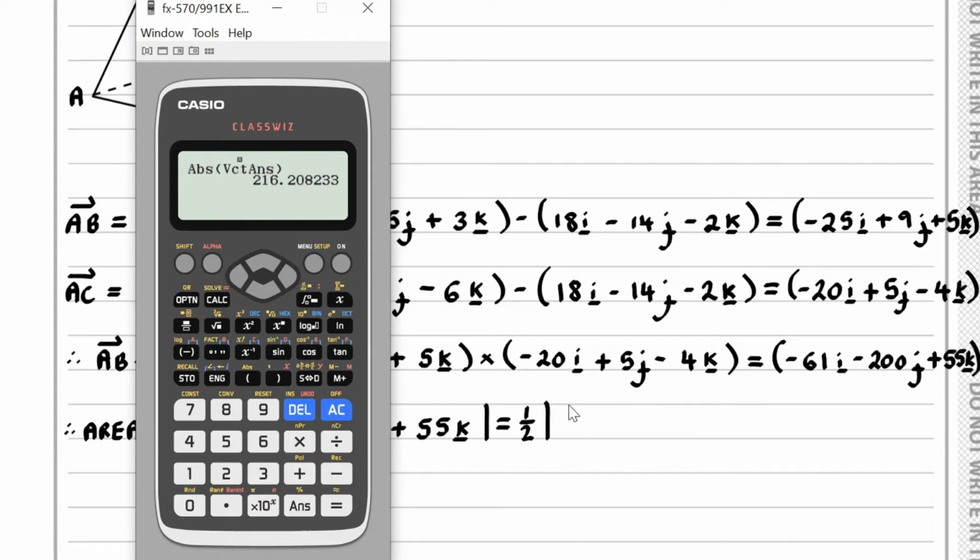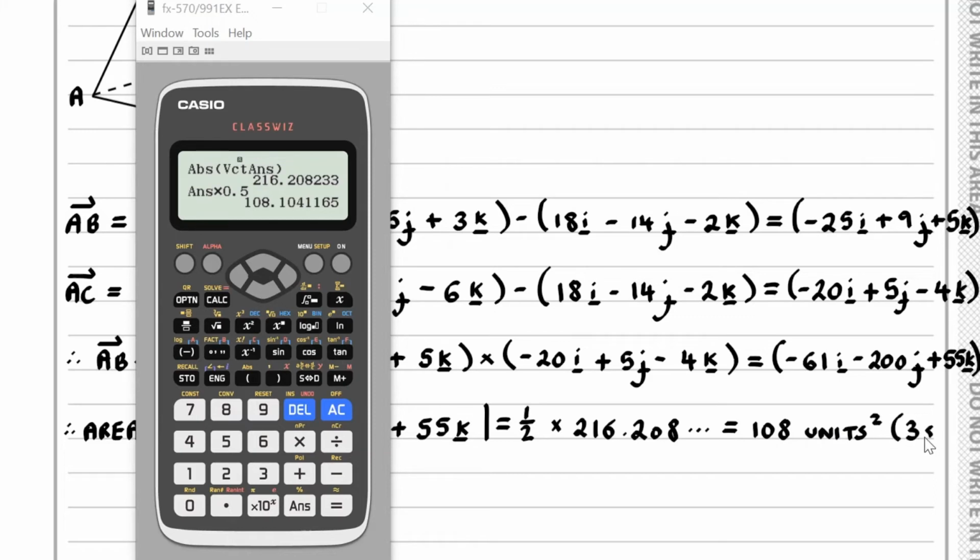So we've got 1/2 times by 216.208, etc. So if I times this by 0.5, we get 108 units squared to 3 significant figures.